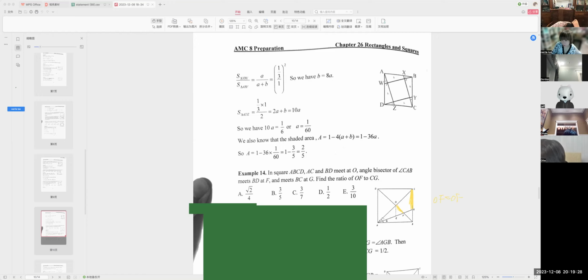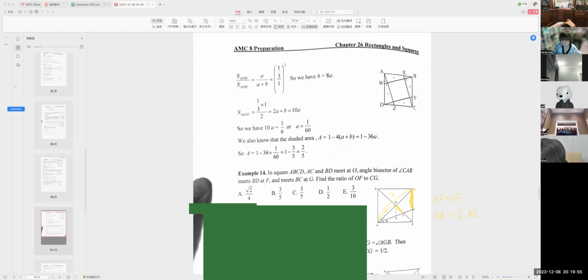Because this is the bisector, they cut this diagonal in half. That's why OA equals half of AC. Get it? So if this is 1, this is 2 parts.